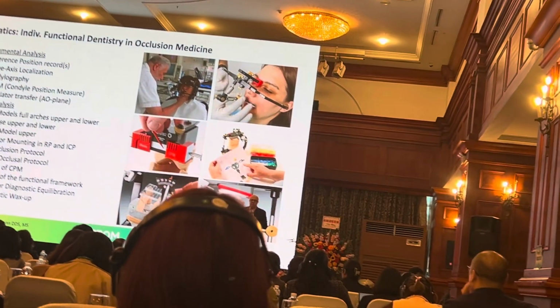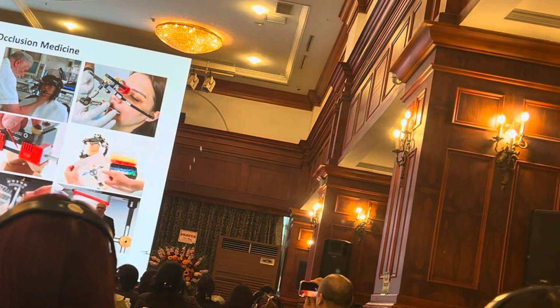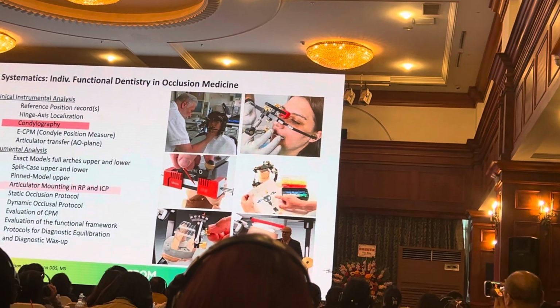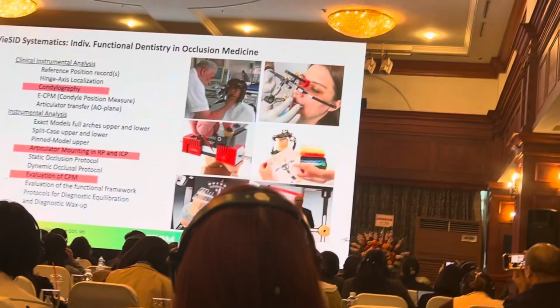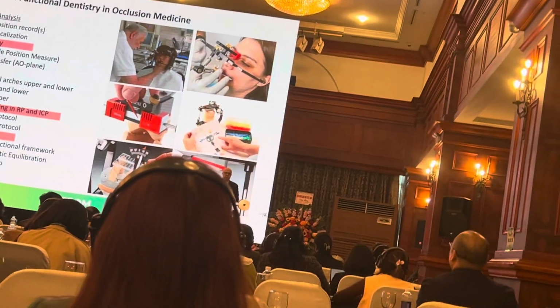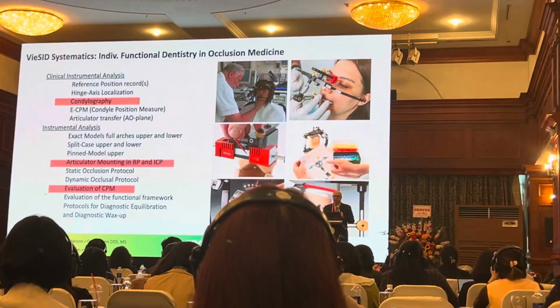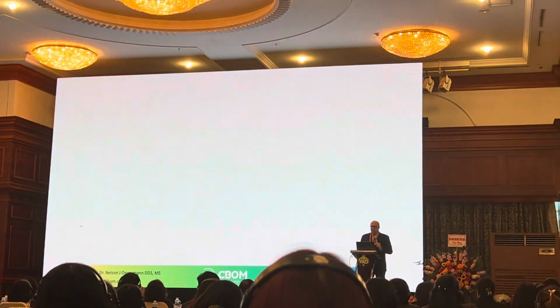So in our systematic diagnosis, basically I will focus on 3 things from now on. The condylography, the articulator mounting, and evaluation of CPM, which is condylar position measurement. So these 3 factors give us a bunch of information for a diagnostic system.